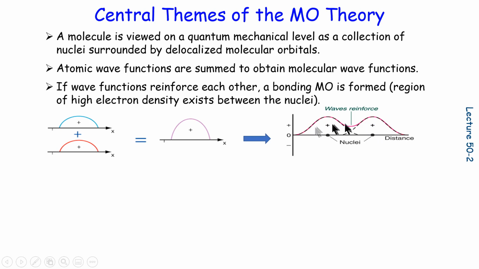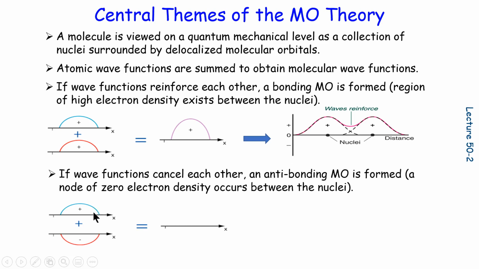You see the electron density is pretty high, and it exists between the two nuclei. So there's electron density right there. What does it mean? It means electrons are found between the two nuclei, so that's why it is a bonding orbital.